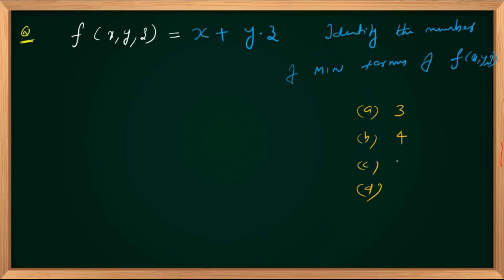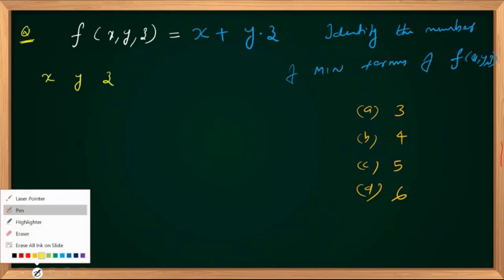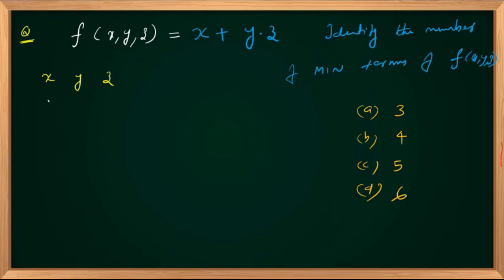3, 4, 5, 6 number of min terms. Three variable system, x, y, and z. So 2 power 3 is 8 combinations, right? So you should quickly identify 8 possible combinations. What are the 8 possible combinations? With x equal to 0, I have 4 options for y and z: 0, 0, 0, 1, 1, 0, 1, 1.